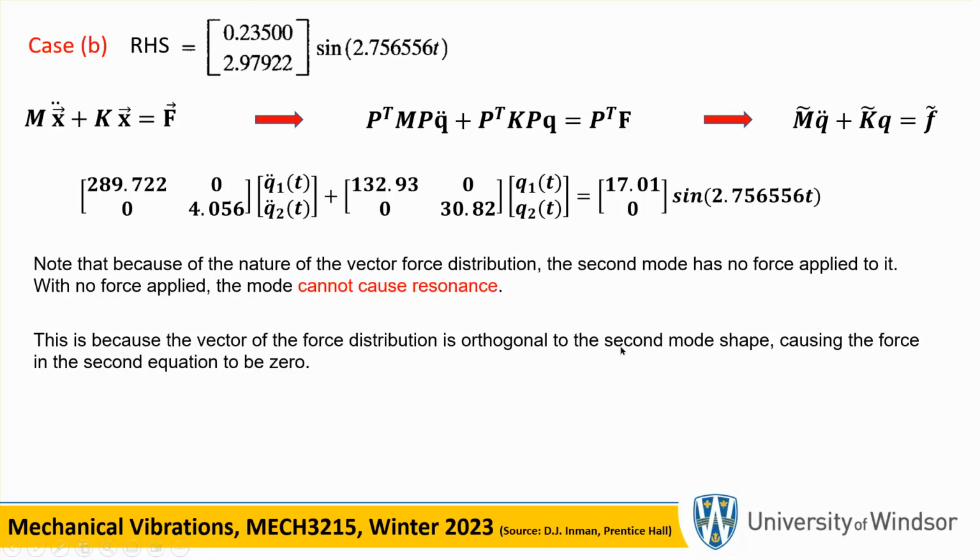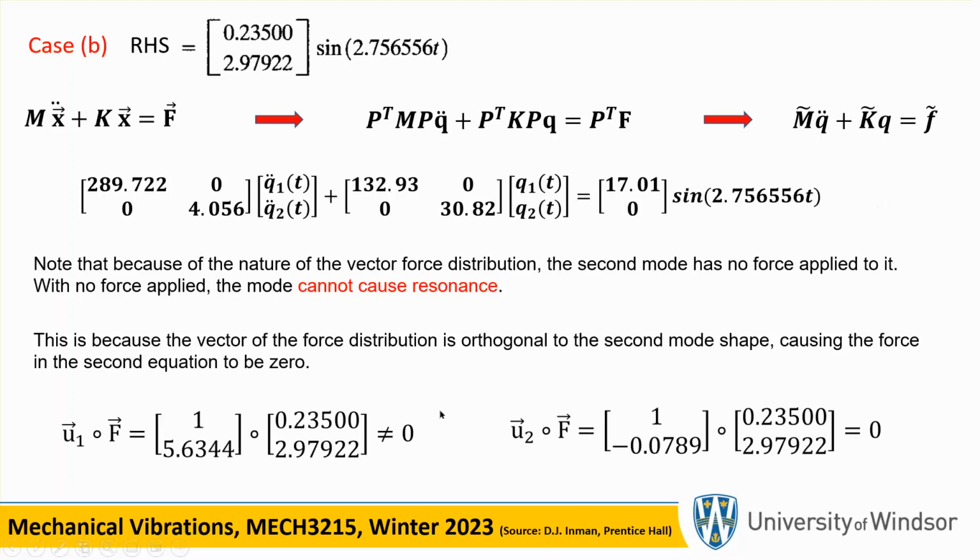If it's orthogonal to the second mode shape, this is the mode shape 2, this is the modal frequency 2, and the mode shape of that is the second column of that modal matrix, because that is the second natural frequency.